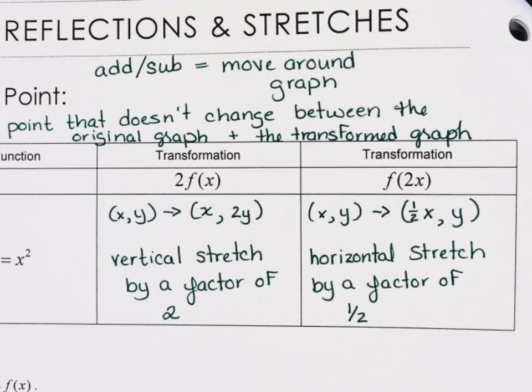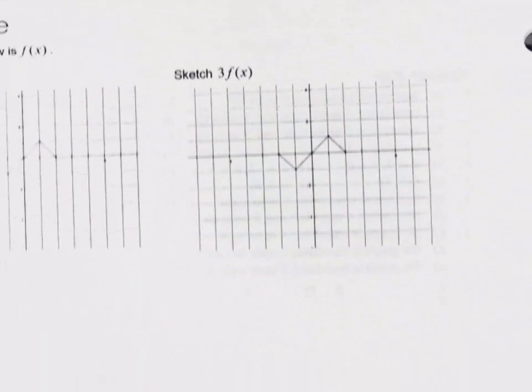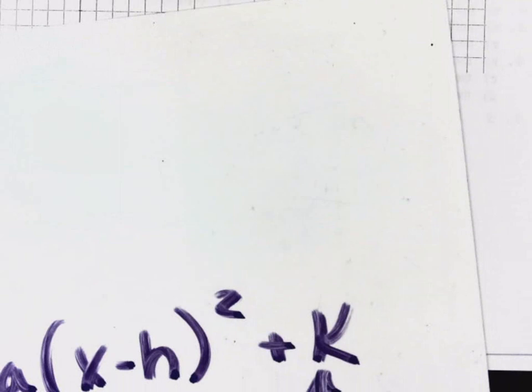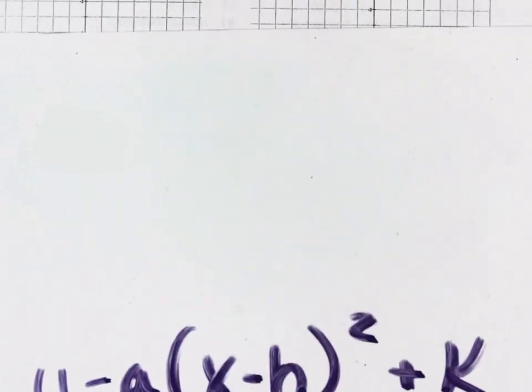Why is it 1/2? Because remember with x, we always multiply by the reciprocal. Like when we did, did we do this last year? No, I don't think we did.